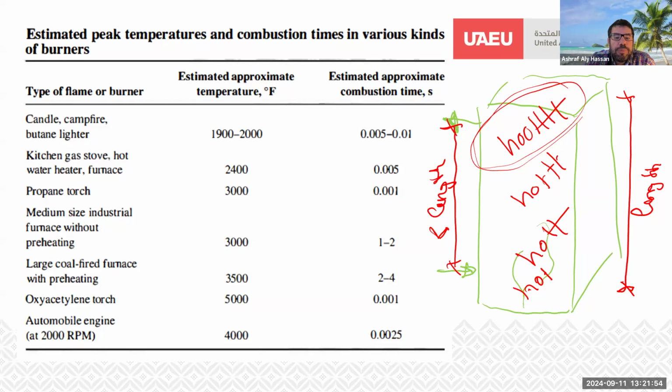Propane torch, 0.001. Mid-size industrial furnace, 1 to 2 seconds. Large coal fire furnace, 2 to 4. Oxyacetylene torch, 0.001. Automobile engine, 0.0025, and so on and so forth.